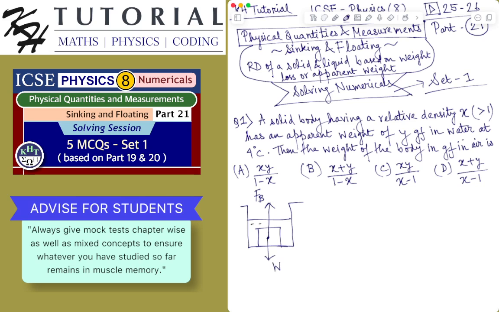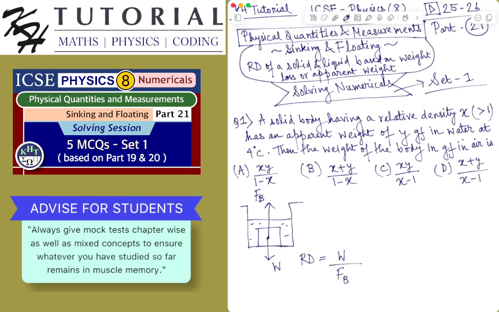So this is the scenario, and we know that the loss in weight is Fb, and the relative density of the body is the weight of the body in air, that is W, divided by the loss in weight in water at 4 degrees centigrade, which is Fb.